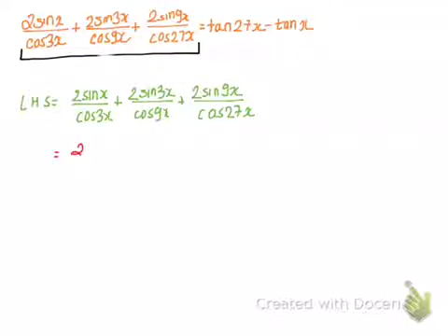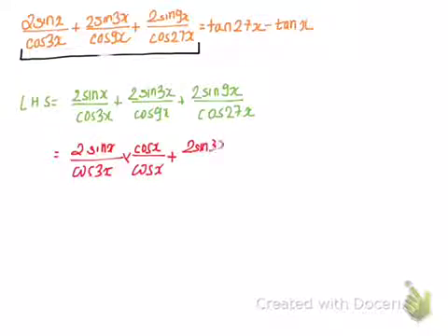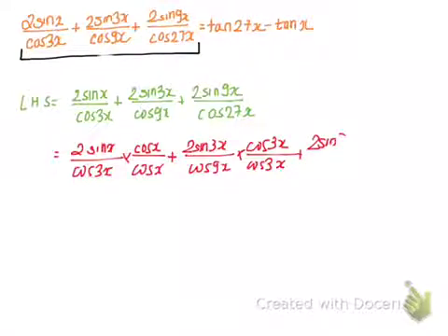At first, here I'm going to multiply both numerator and denominator by cos x for this first expression, and for the second expression I'm going to multiply it by cos 3x on both numerator and denominator. Similarly, for this third expression I'm going to multiply both the numerator and denominator by cos 9x.